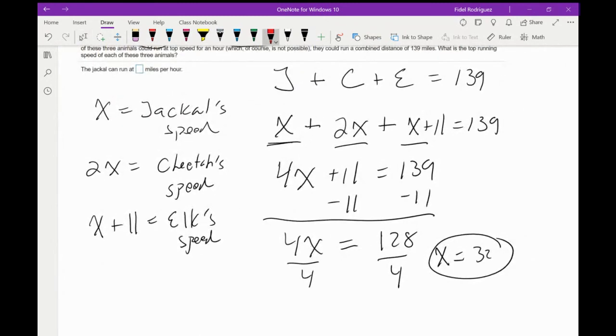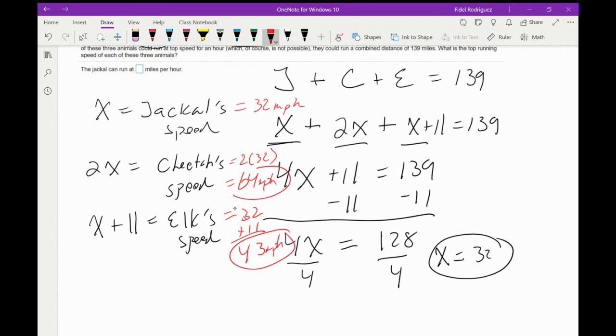So now all I'm going to do, y'all, is fill in the blanks. The jackal speed is X, 32. The cheetah speed is 2 times 32, 64 miles an hour. And the elk speed is 32 plus 11, which is 43 miles an hour. Okay. And so now I'm just going to enter those values in, right?